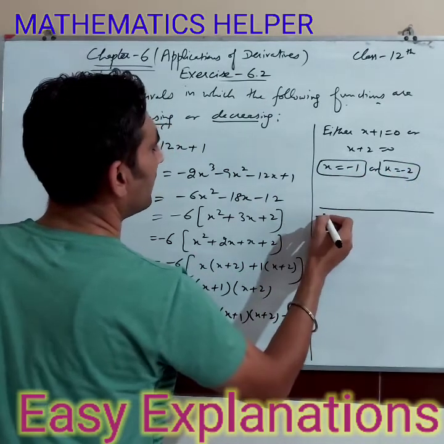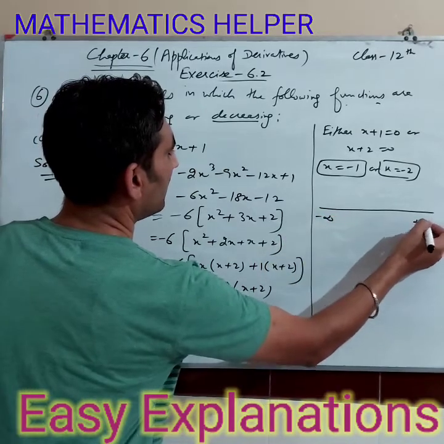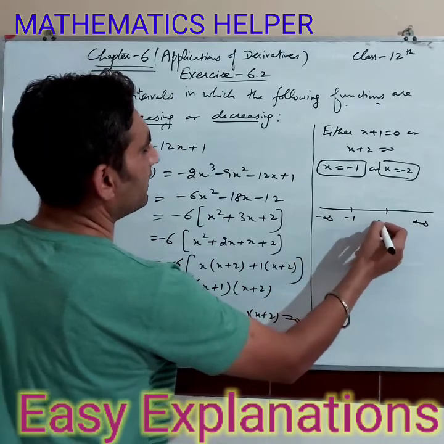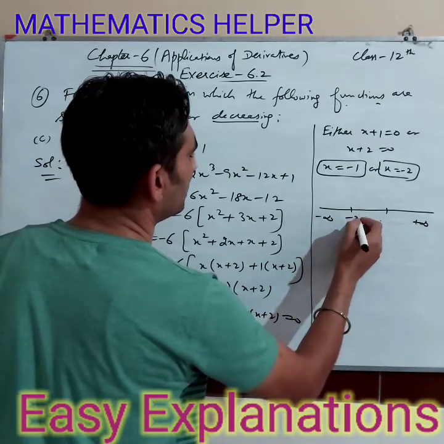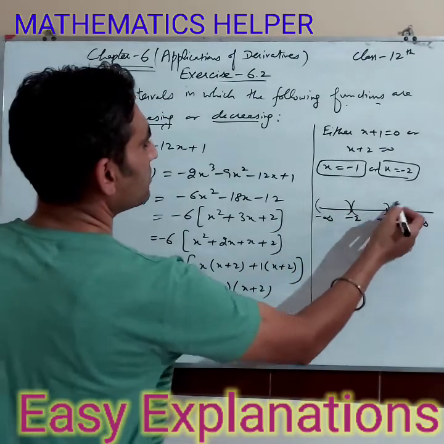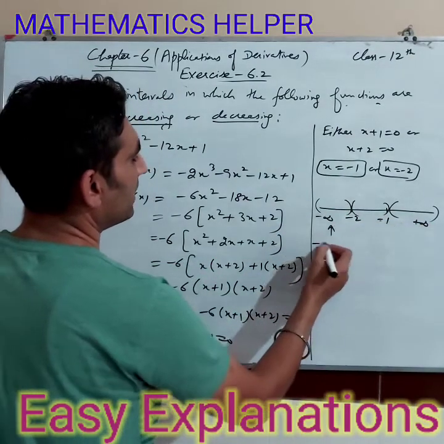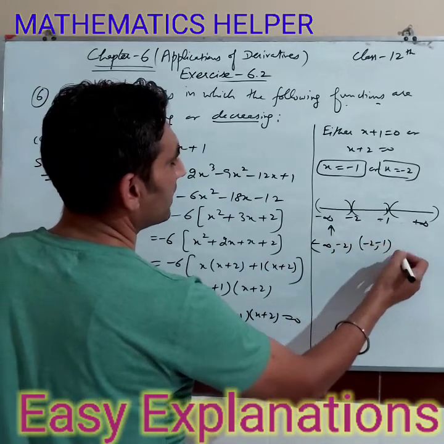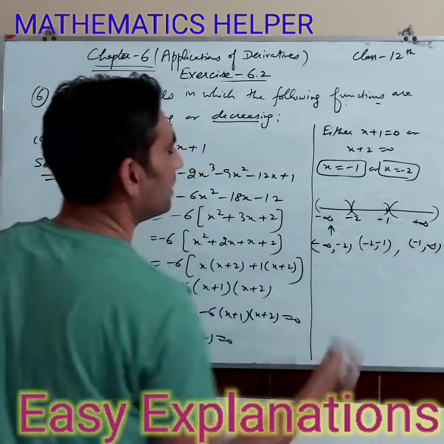And they divide the real number line into three disjoint intervals. When we mark them here, minus 2 on this side, minus 1. So their combination gives three disjoint intervals. They are minus infinity to minus 2, minus 2 to minus 1, and lastly minus 1 to infinity.